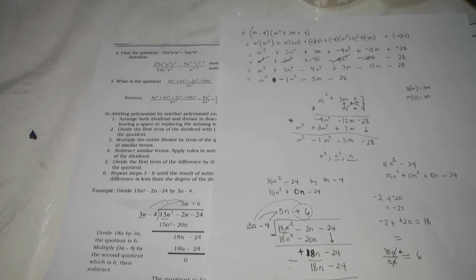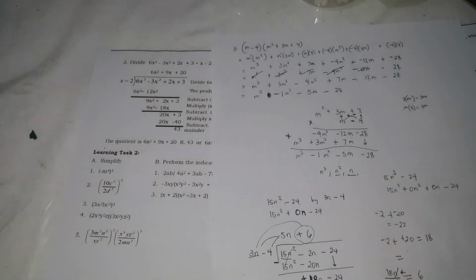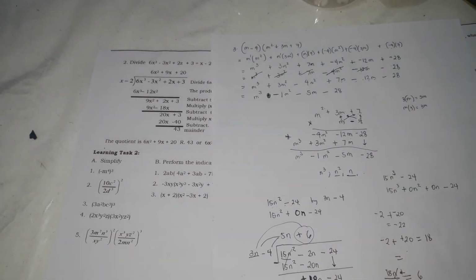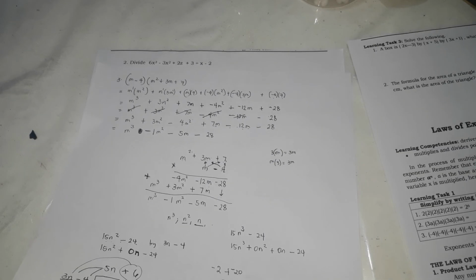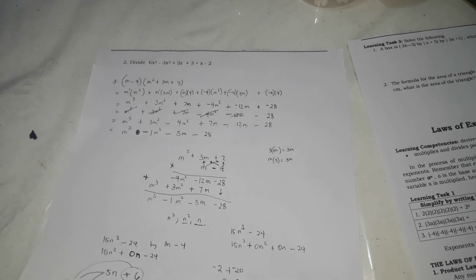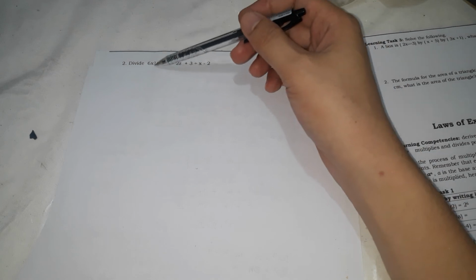So to better understand, there's the last example. So divide 6x cubed minus 3x plus 2x plus 3 divided by x minus 2. So next, check kapag bakit z? X dapat. So i-check mo muna.